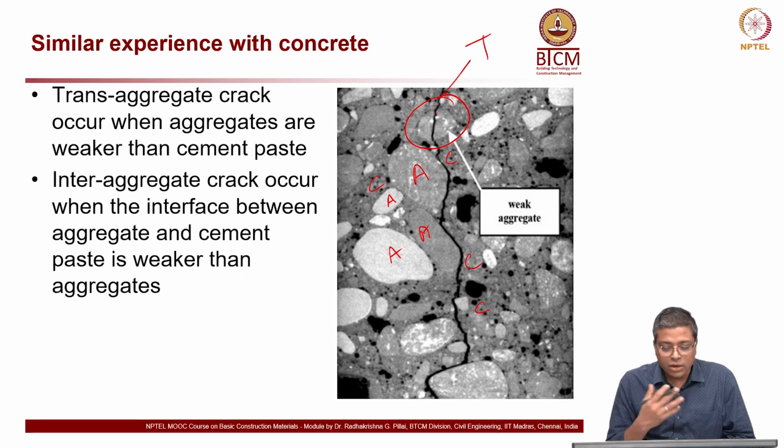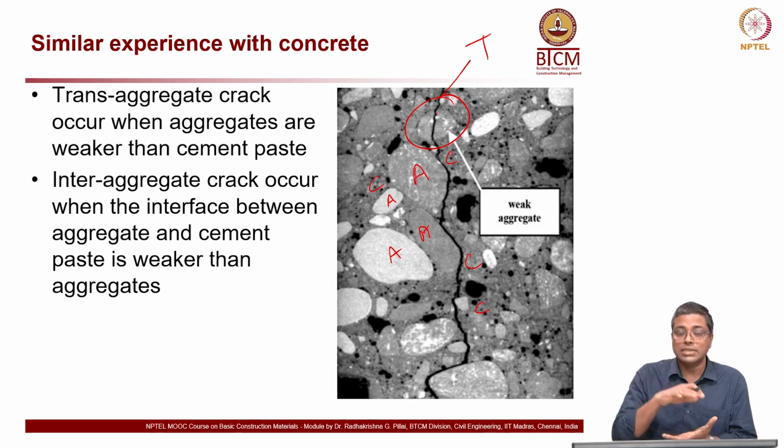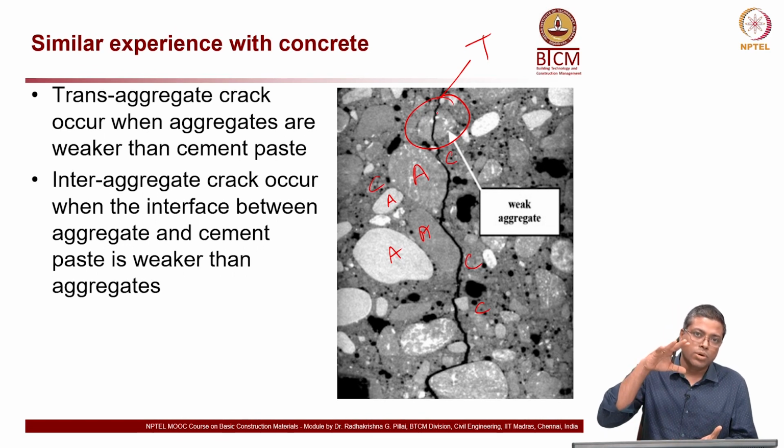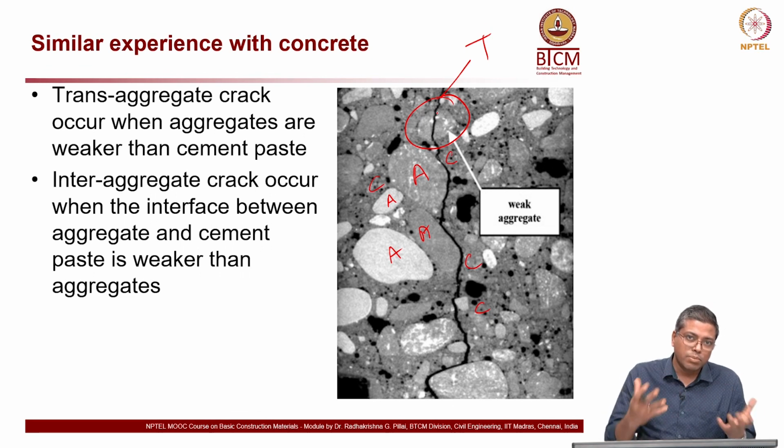So in concrete, typically when we talk about high strength concrete, you will see that most of the time when it breaks, if you take a cylinder and test it in the laboratory, as you will do in class, when you compress the concrete, it will break.